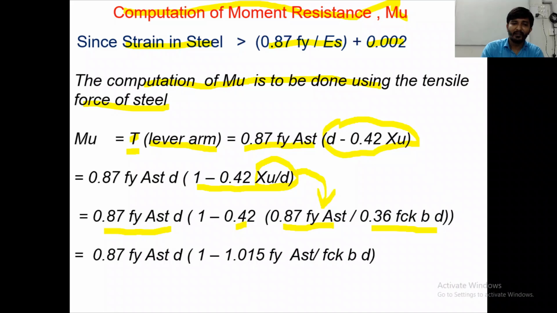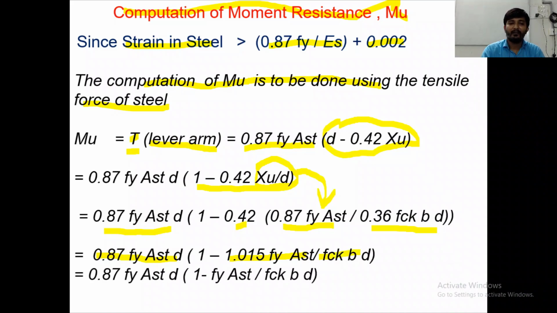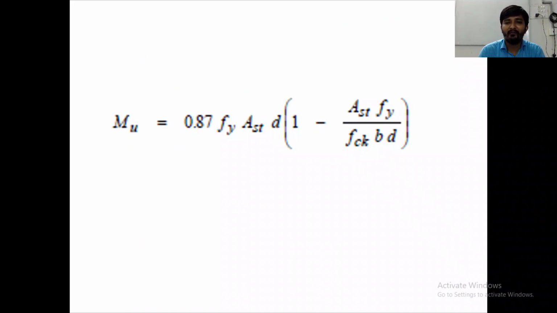If I further simplify this, it will be 0.87 fy Ast into d into 1 minus 1.015 fy Ast divided by fck bd, and ultimately it will become 0.87 fy Ast into d into 1 minus fy Ast divided by fck bd. We consider this 1.015 as 1 only, right? It is very near to 1. So our final equation will be Mu is equal to 0.87 fy Ast into d into 1 minus Ast fy divided by fck bd.